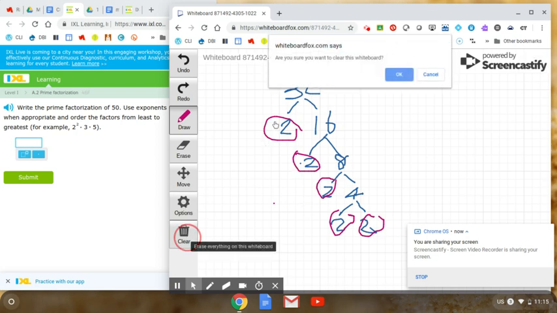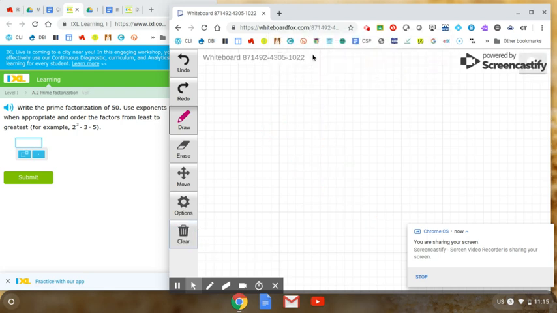Okay, now let's look at 50. What is 50? So 50 is, we know there's a 5, right? And 5 is a prime number. So 5 times 10 is 50, right? And 10 also has a 5. 5 times 2 is 10, right?